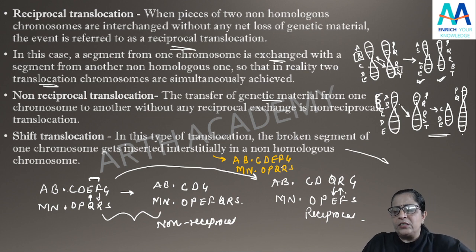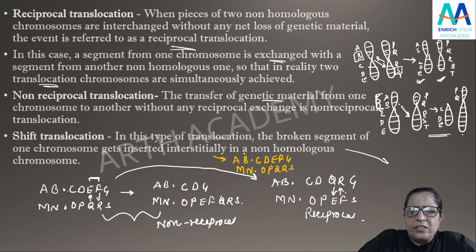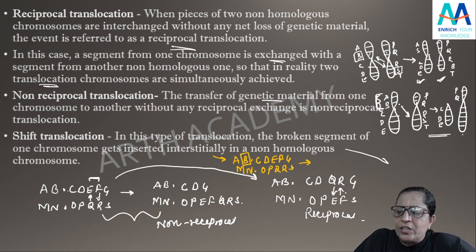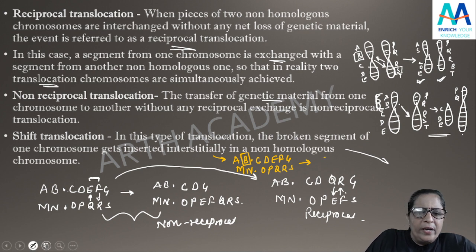Now students, in this case this B is translocated, तो क्या हो जाएगा B का ट्रांसलोकेशन, ये इंटरस्टिशियली बीच में घुस जाएगा. Just a minute, I will make one more thing here.